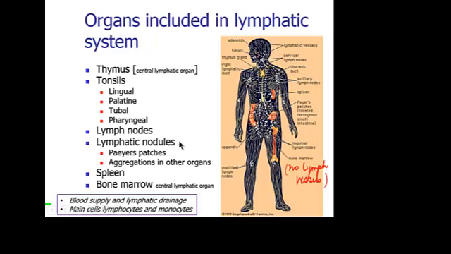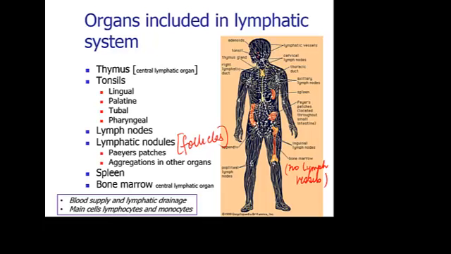Then we have what are called lymphatic nodules, or another word we often use for nodules is follicles. This is lymphatic tissue which is not present by itself. It's not a structure by itself, but is present as part of the wall of another organ. For example, the small intestine is an organ by itself.